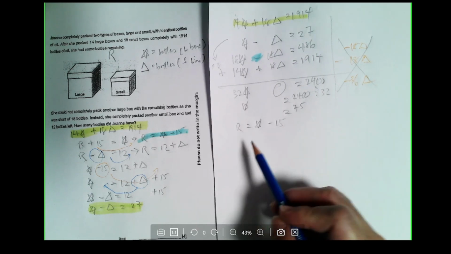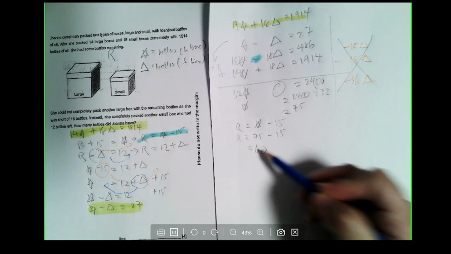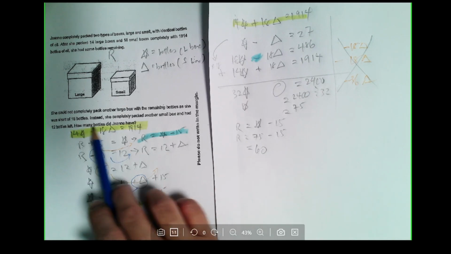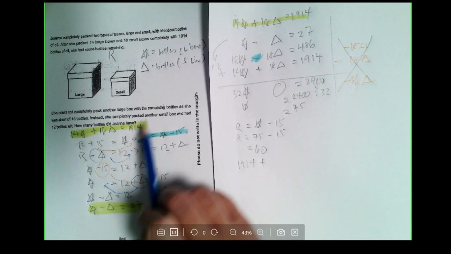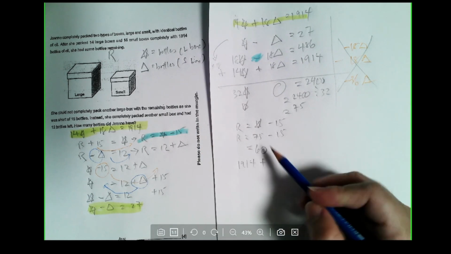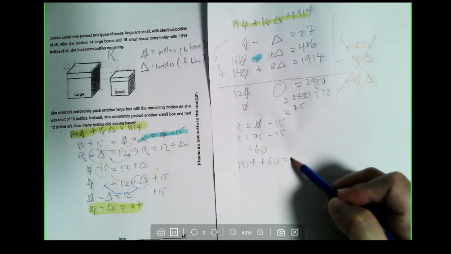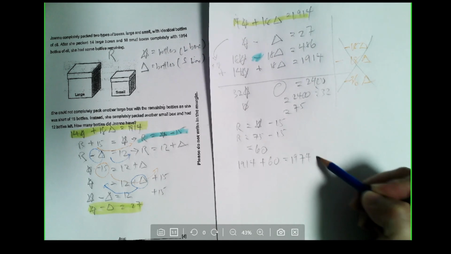Therefore R equals to 75 minus 15 equals to 60. Remainder is 60. So how many bottles did she have in the beginning? She used up 1914 plus the remainder which we just found, 60. 1974 bottles.